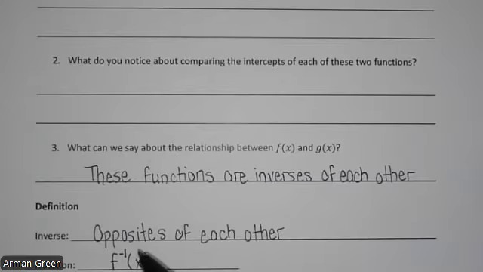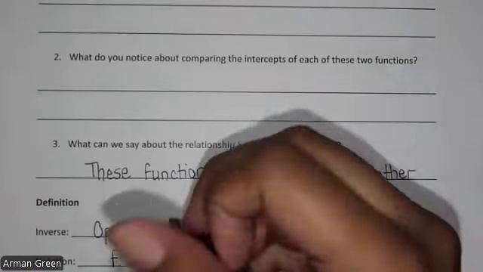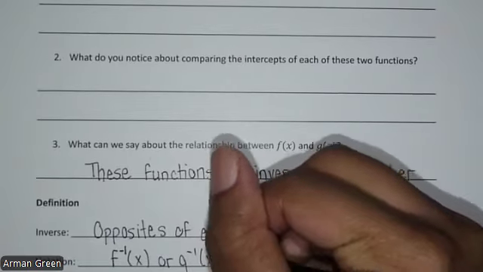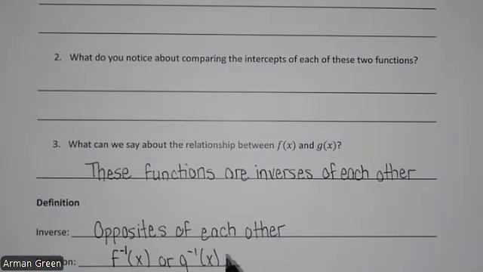This is just a mathematical way of telling us that we are dealing with inverses. So if you see something like this, it's telling us that we are talking about the inverse of this specific function. So that's just the notation that we use in math for that.